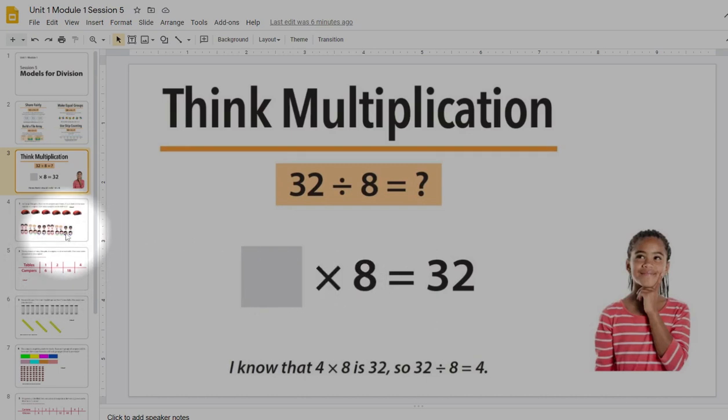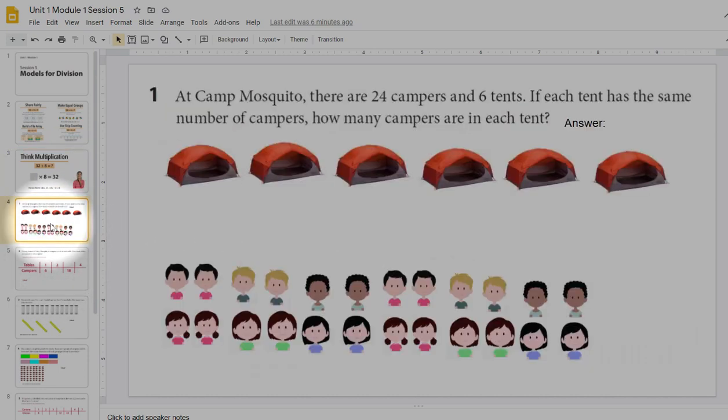So the first one we're going to do is, again, at Camp Mosquito, there are 24 campers and 6 tents. Right down here, I made it where you had 24 campers, and up here I put 6 tents.